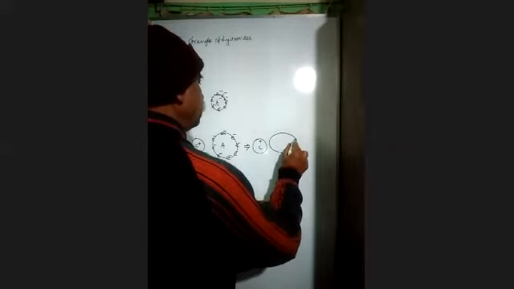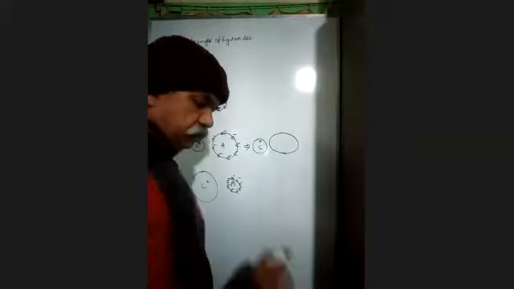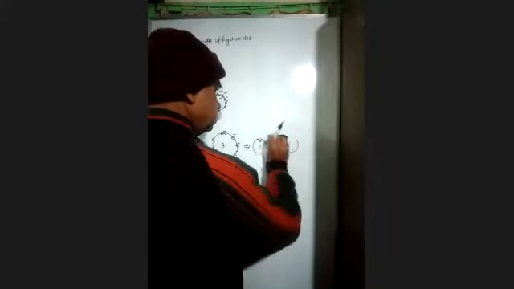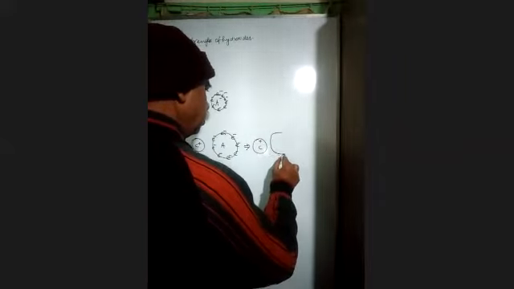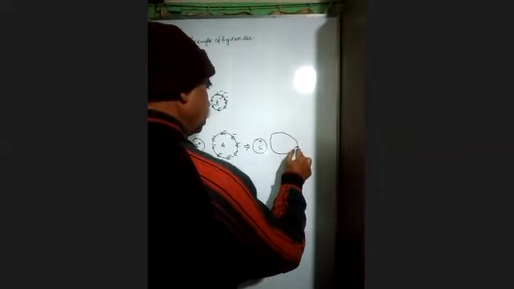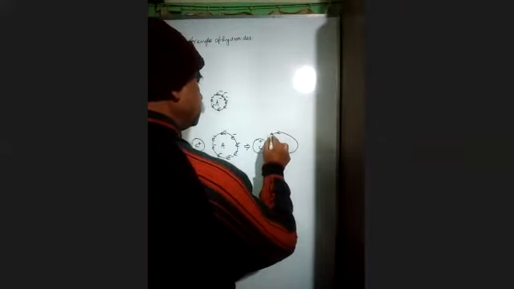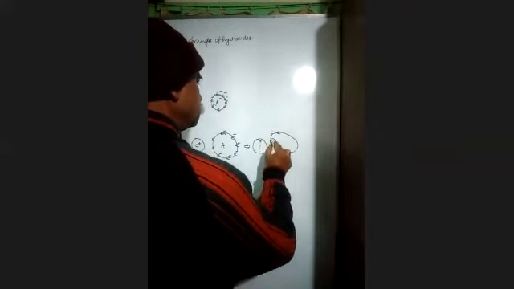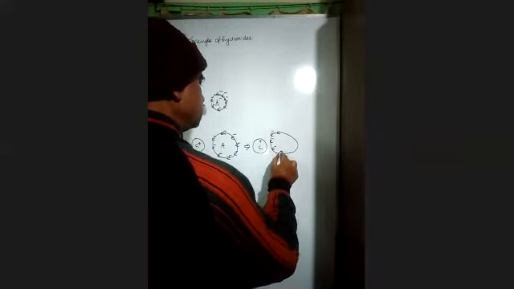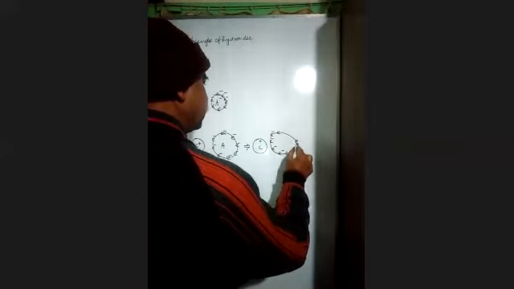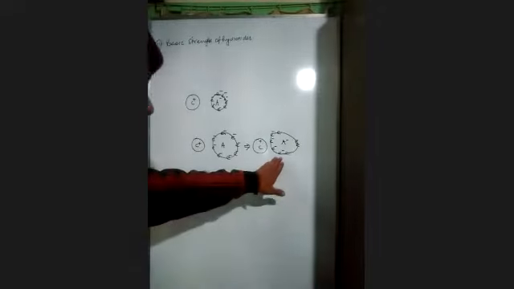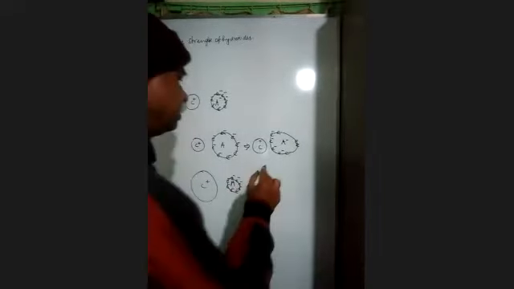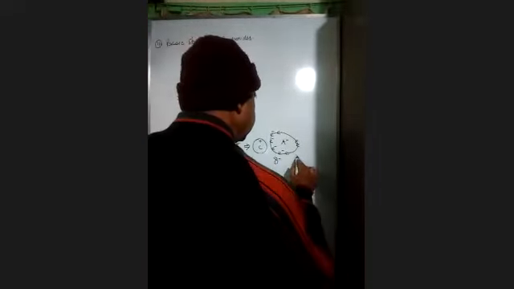It will get deformed. You will have more electrons on this side and fewer electrons on the other. That is, it is getting polarized.